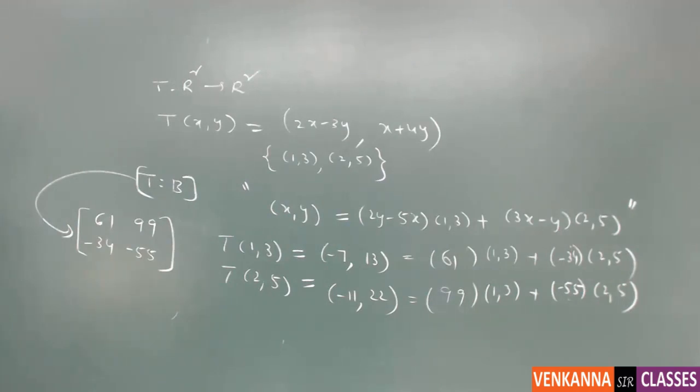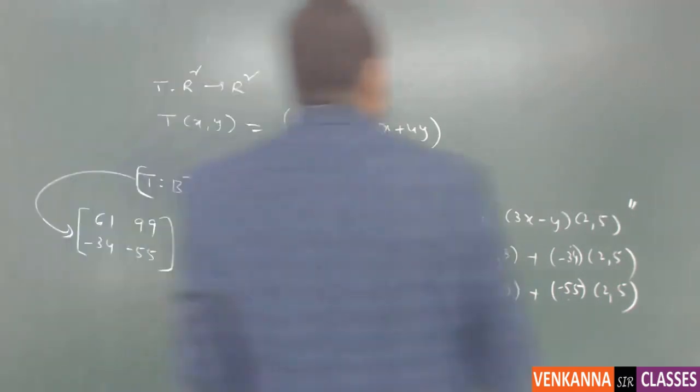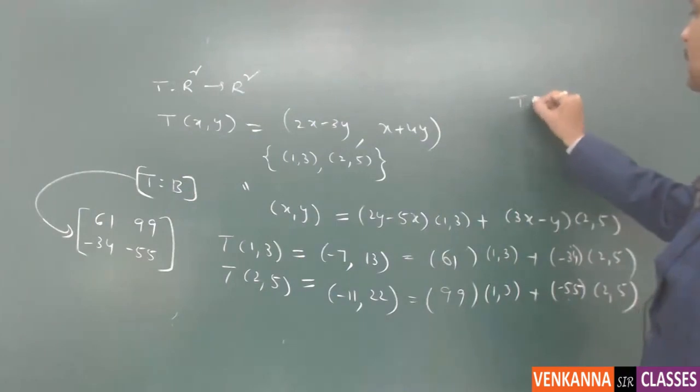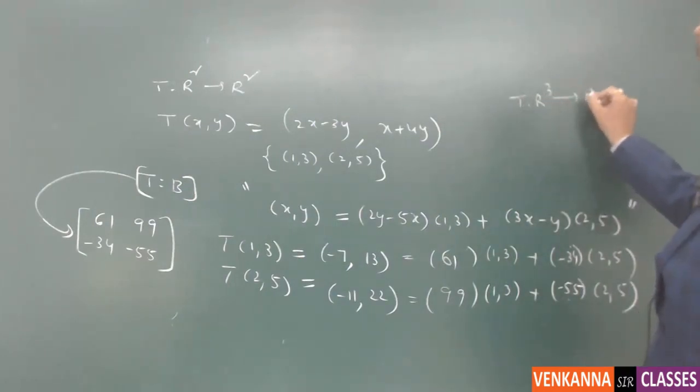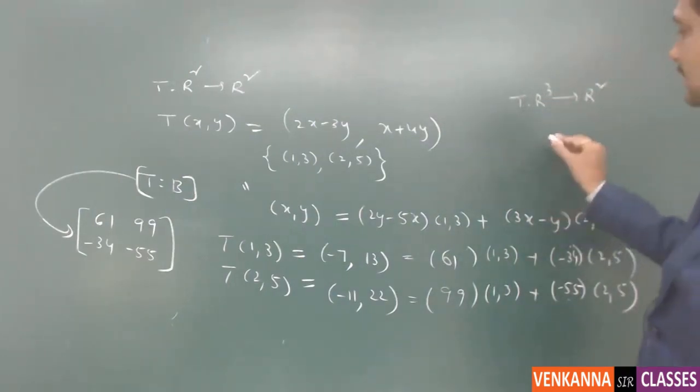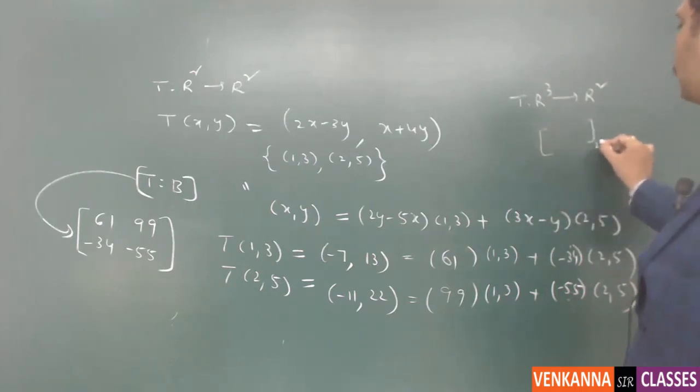Now one observation is, while doing the previous problem and the current problem, whenever you have taken the function from R² to R², meaning the same dimension, then you are getting a square matrix. If you observe the previous case, I considered the transformation from R³ to R². The result is a matrix of order 2 by 3.